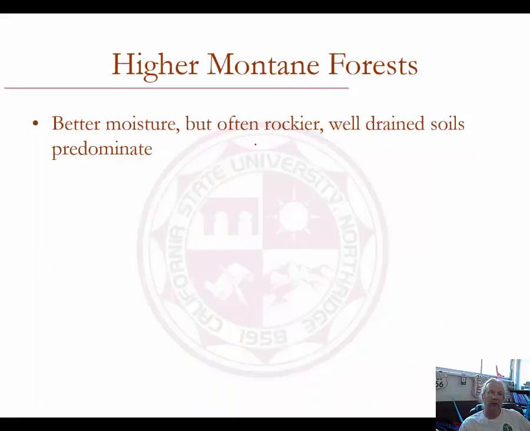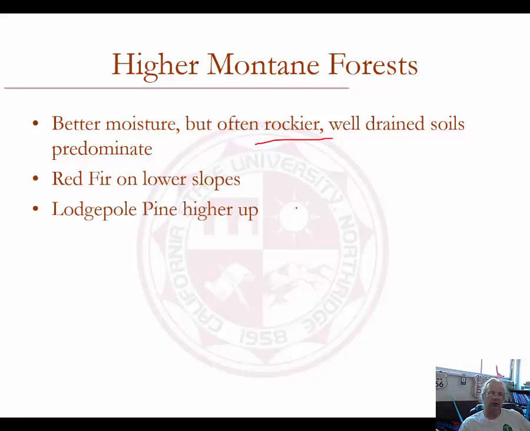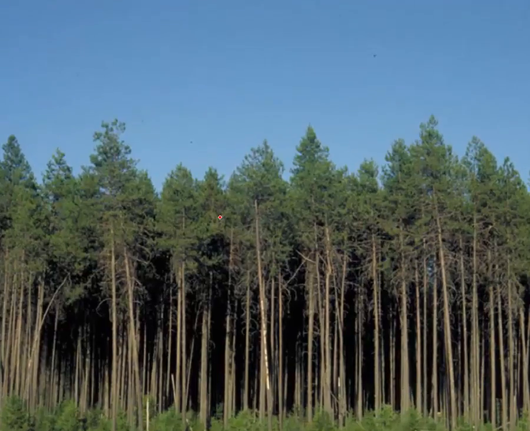Where it's a little higher, but often poor soils, you may find different sorts of pine trees, red fir, lodgepole pines at high elevations. You may even find the famous quaking aspens. You should look that up.